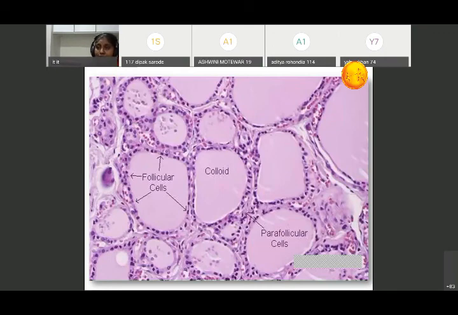It contains thyroglobulin, a colloidal substance that is glycoprotein in nature. These contain the hormones T4 and T3. And remember that the thyroid hormone is the only hormone that can remain in storage form for 4 to 7 months.